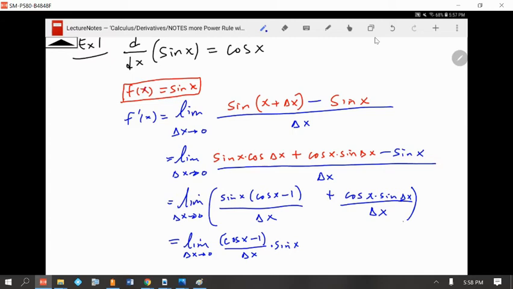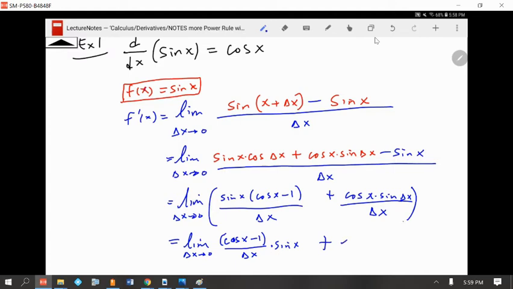The cosine delta x minus 1 over delta x as delta x approaches 0, this is a special trig limit that we would have talked about last year when we were doing our unit on limits. And it just hit me. I was like, wait a minute. I don't think we talked about these things.